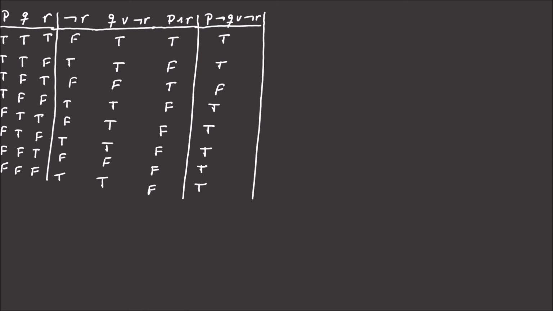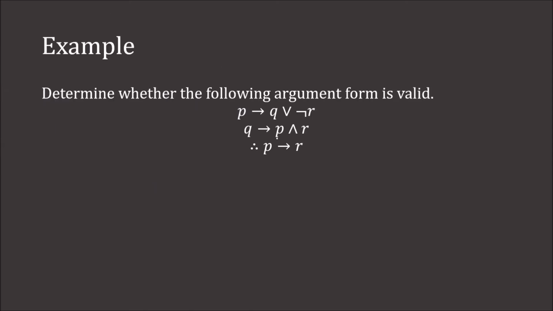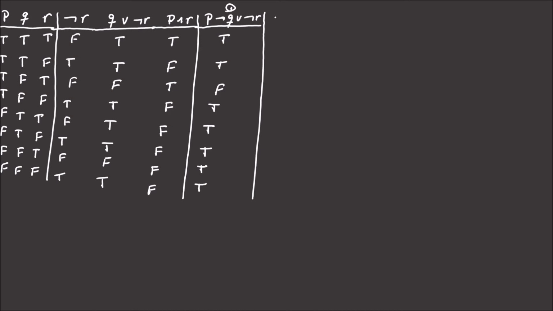By the way, that is our first hypothesis. Our second hypothesis: if Q, then P and R. Same rule, so in rows 1 and 2, Q is true, but in row 2, P and R is false.